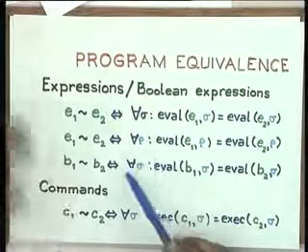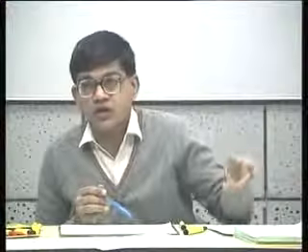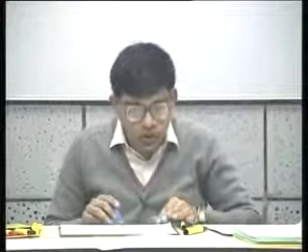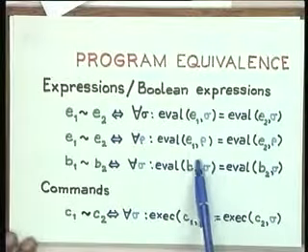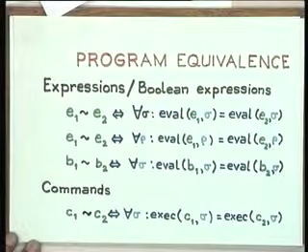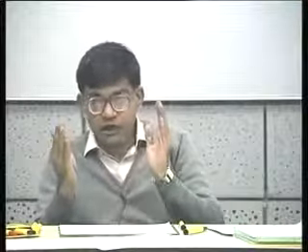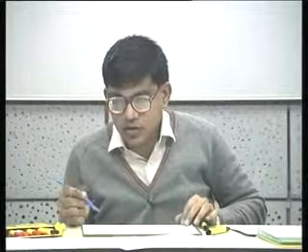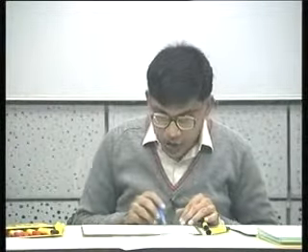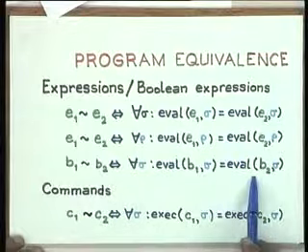Similarly, in the previous model of a functional programming language with environments, we could think of it as evaluating these expressions in all possible environments. So we would say that two expressions are equivalent only if in all possible environments in which they are evaluated, they yield the same set of values. And the same holds with Boolean expressions.